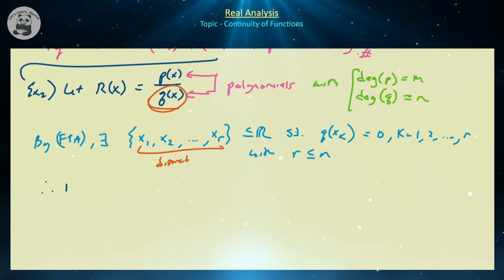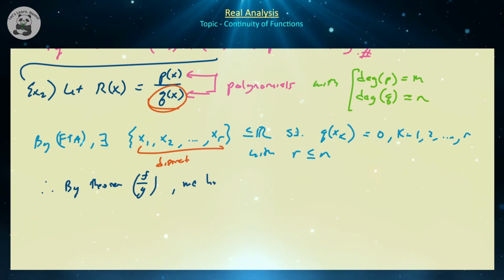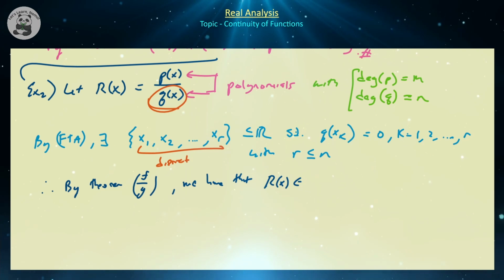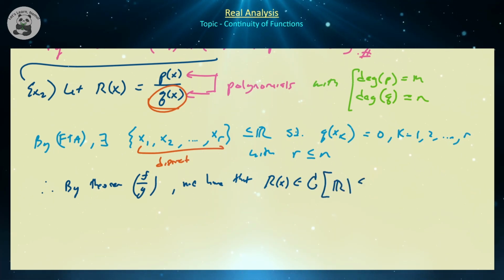So by that theorem, we have that r of x is continuous on the set R except for x1, x2, down to xr.